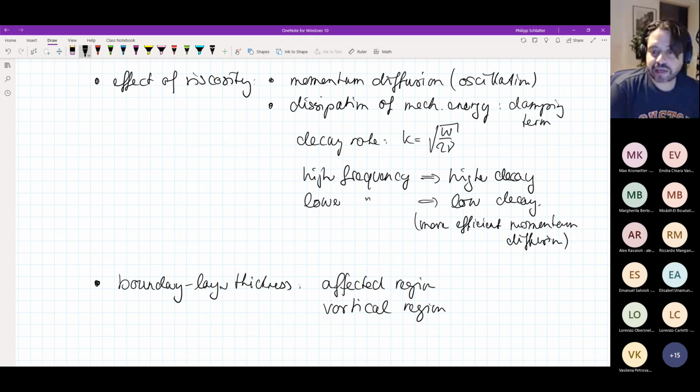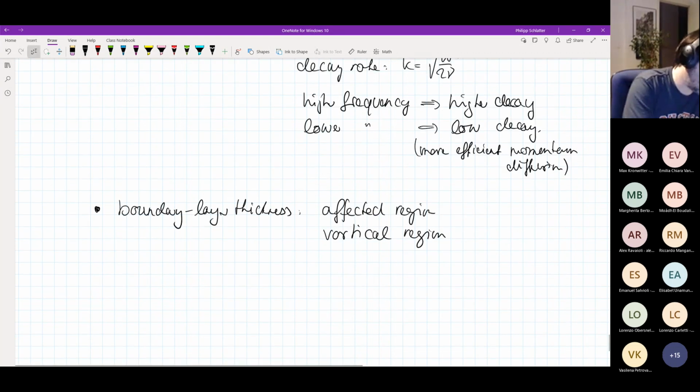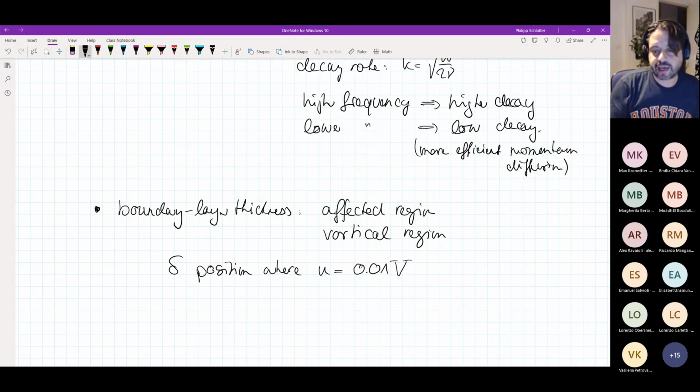And of course, I can now do exactly the same thinking as I did in Stokes' first problem. So I again define a certain delta, where I say delta is the y position where the velocity u is on the order of, let's say, 1% of the amplitude that I had at the wall.